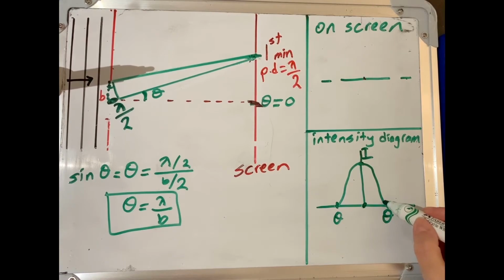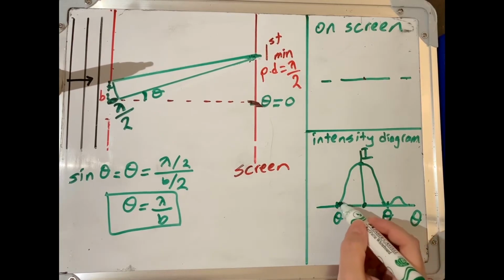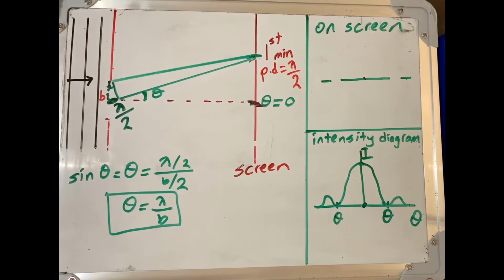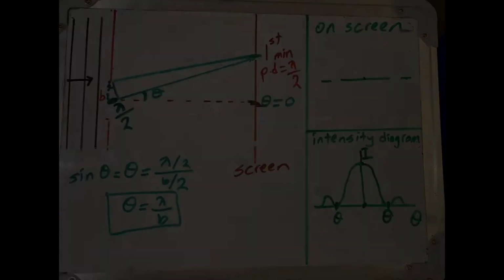And after this destructive interference, there will be another constructive, which is much less intensity compared to the central max. So this is what we call the central max, brightness maximum in the center, and 0 intensity point, which is our first destructive interference. The angle that extends from the center to that is labeled here on this diagram.